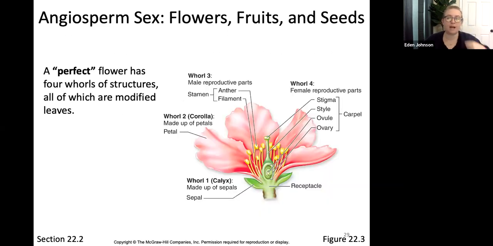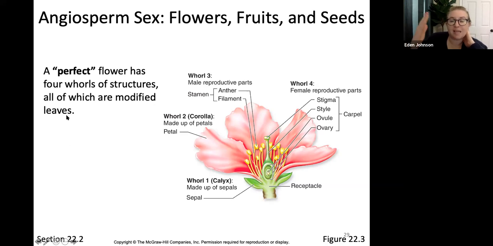All right, so guys, when we're talking about the overall structure of a flower, a perfect flower, now this is not subjective. In botany, there are perfect and imperfect flowers. Now, a perfect flower has all four whorls of a flower, and we're going to talk about the different whorls, but a perfect flower has all four, and all four of the whorls are modified leaves.